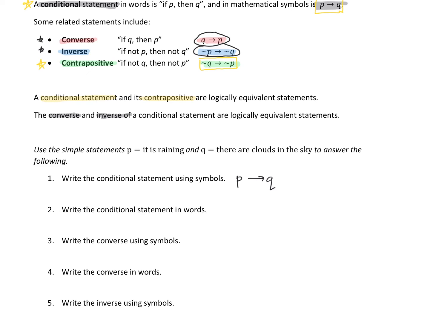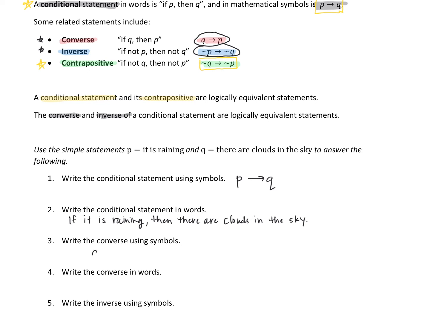Write the conditional statement in words. So P is, it is raining. So this will be if it is raining, comma, then Q, there are clouds in the sky. Okay. Number three, write the converse using symbols. So the converse is when you switch the order.